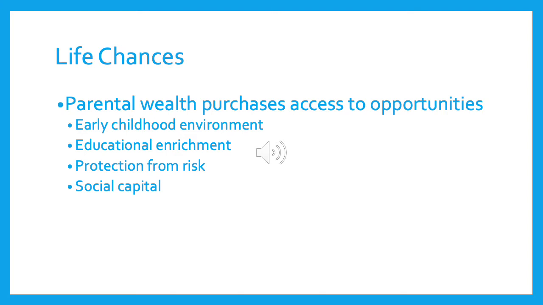So now that we've talked about how Americans are stratified by income and wealth, it might be useful to think about how social mobility works. That is, how is someone's income or wealth determined? An important concept related to this idea is life chances.